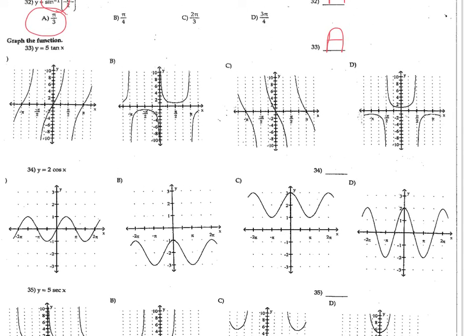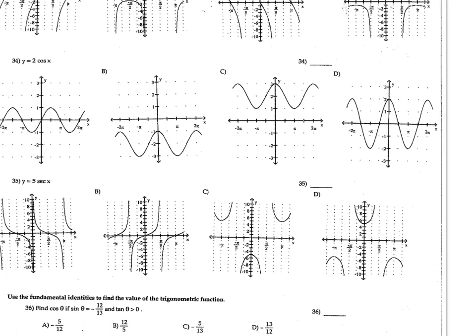What about C? Could that be cotangent? But you have to shift it, right? Because cotangent starts, the asymptotes are 0 and pi. So C is more like negative tangent, reflected over, okay?